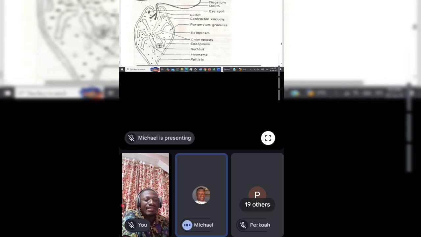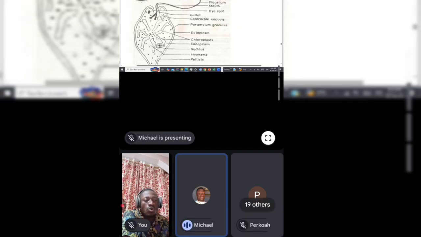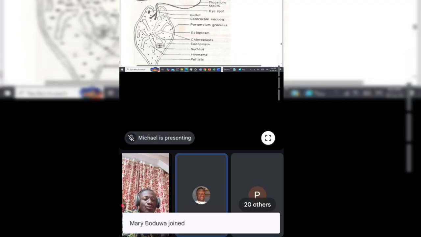Then we have the smaller vacuoles. When these are filled, they will also flow into the larger one. So this one will pick the water from the cytoplasm. When they are filled, they move into the larger contractile vacuole. Then it will enter the reservoir here. Then it moves out of the body. So that's all that the reading over there was trying to explain.